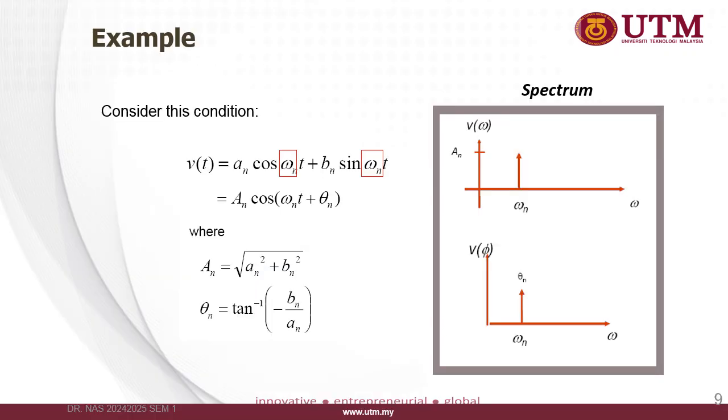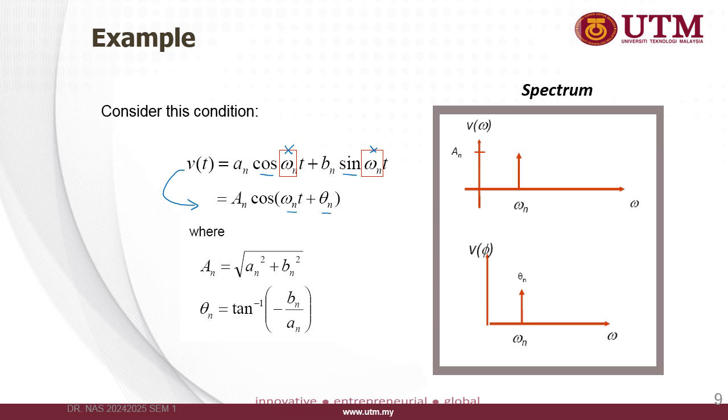Okay, let's look at another condition, when you have both a cos function and a sine function that share the same frequency, omega naught or omega n. In this case, you need to rewrite the equation into an equivalent equation given by An cos(omega n t plus theta n).